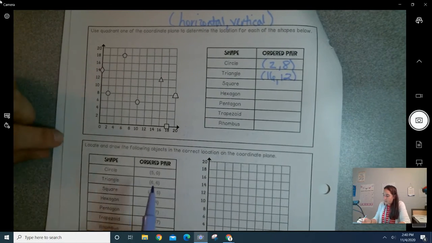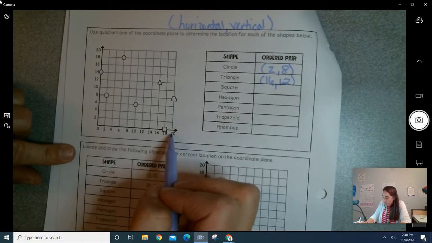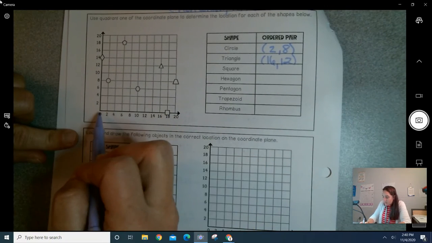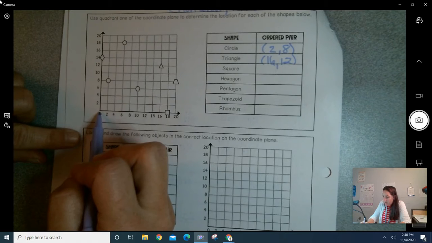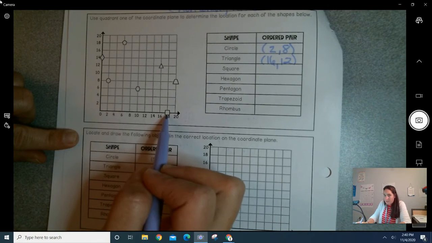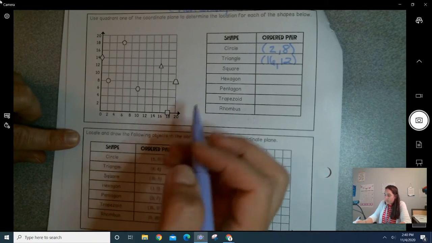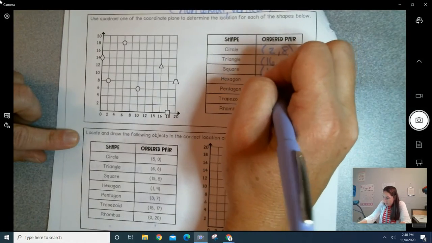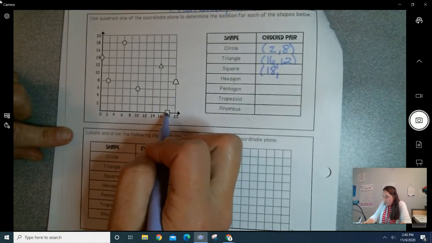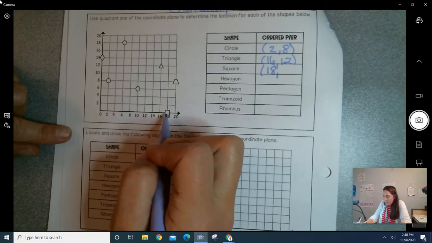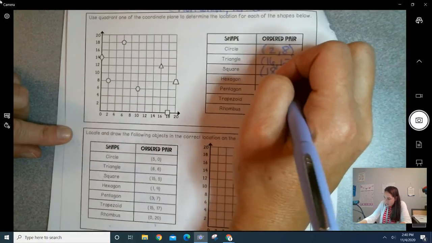All right, let's look at the square. The square is over here. So I start at 0, and how far right do I go? I go 18 right. So that's the first number I put. And then how far up do I go? I don't go up at all. So I put 0 for that second number, for the vertical number.